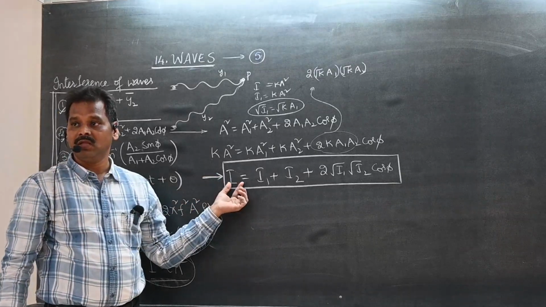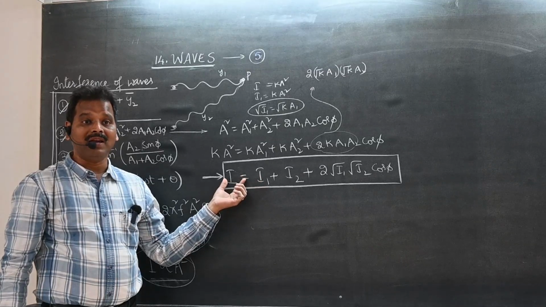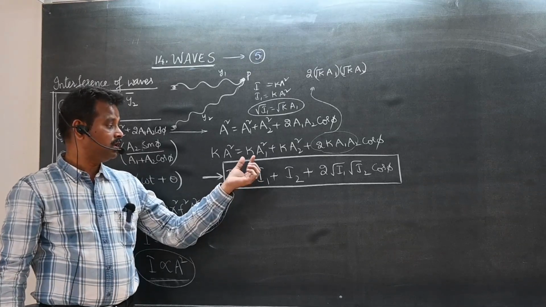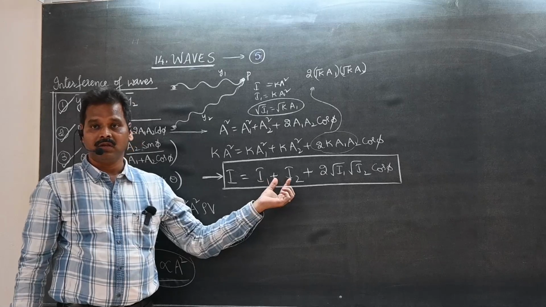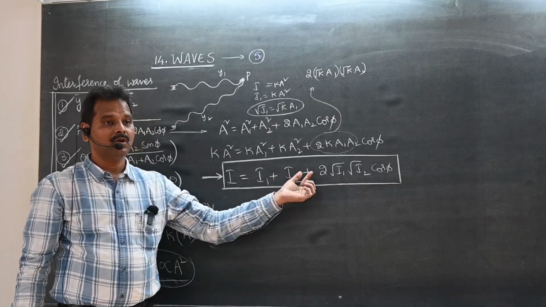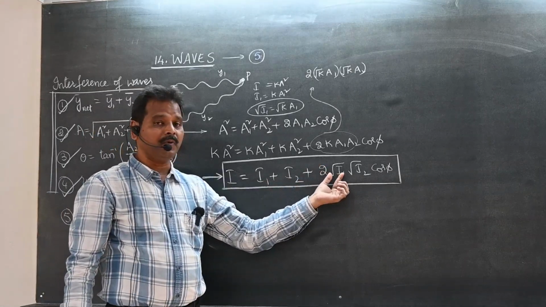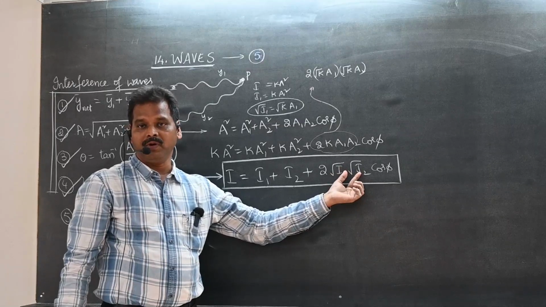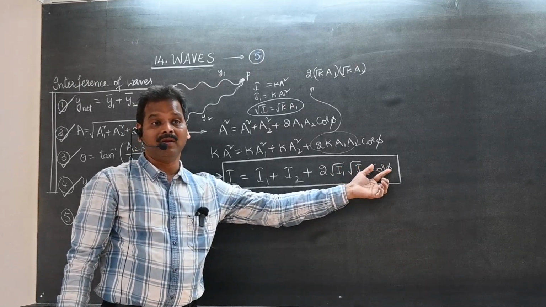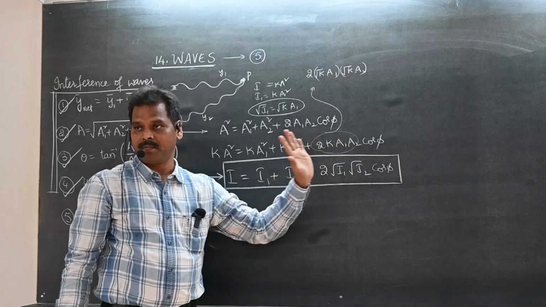How to get intensity? The net or resultant intensity is the intensity of the first wave plus the intensity of the second wave plus 2 into root of intensity of the first wave, root of intensity of the second wave, into cosine of the phase angle between them.